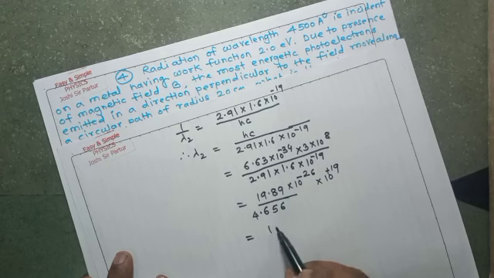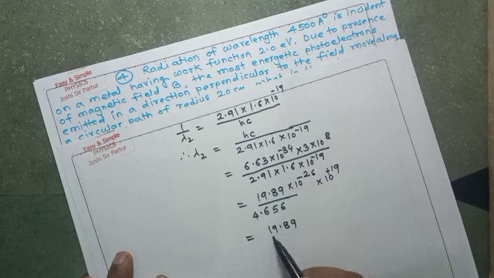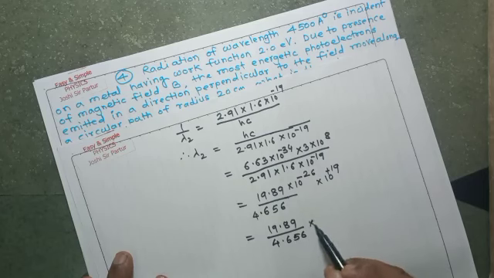So here 19.89 divided by 4.656 into 10 to the power minus 7.